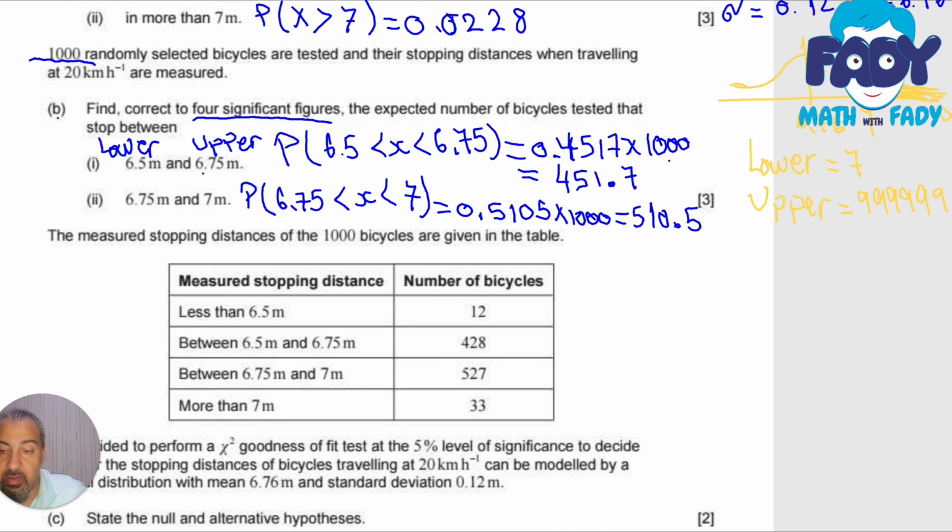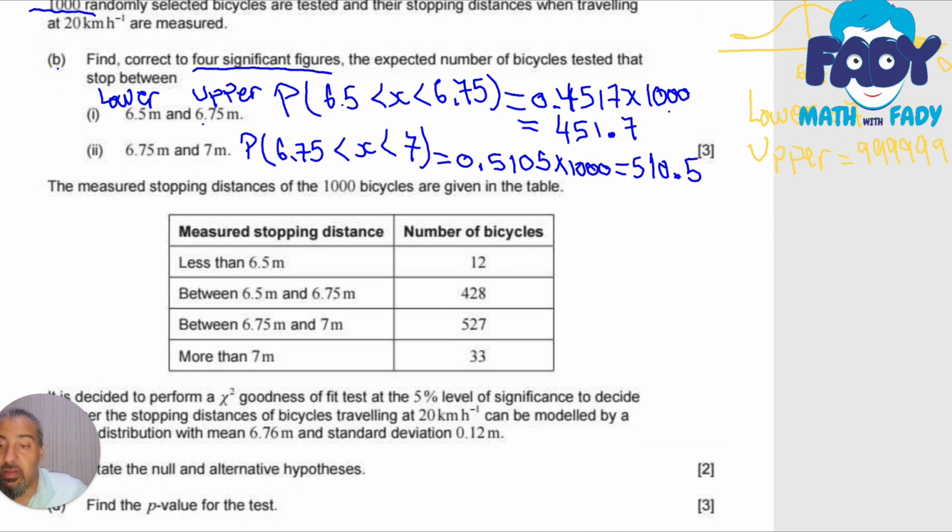Then the measured stopping distances of 1,000 bicycles are given in the table. So less than 6.5 meters, number of bicycles are 12 out of this 1,000 bicycles. This is the observed data. This is when we checked these 1000 bicycles, this is what we saw.